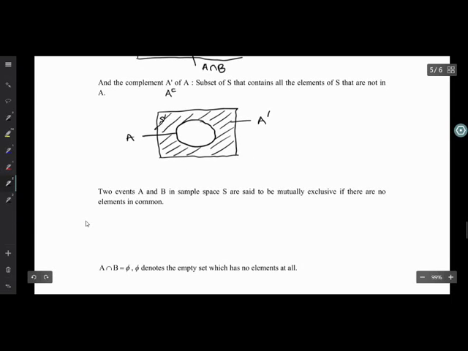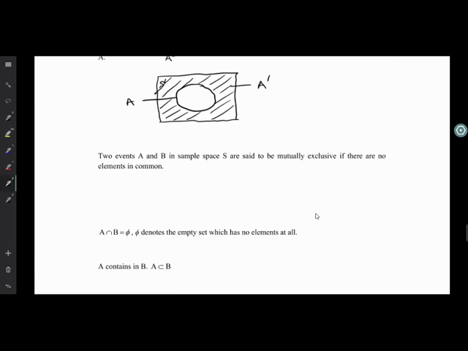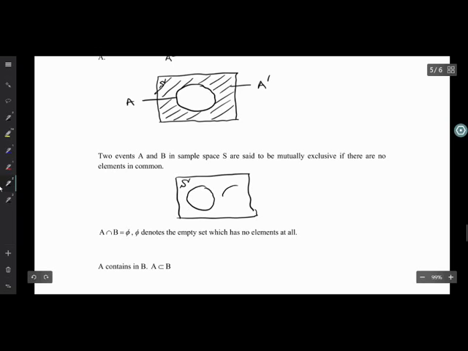We say two events A and B in a sample space are mutually exclusive if there are no elements in common. Sometimes we call them disjoint events. So if we draw the events inside the sample space, they will not have any overlapping areas. So A and B are disjoint events, or they are mutually exclusive.